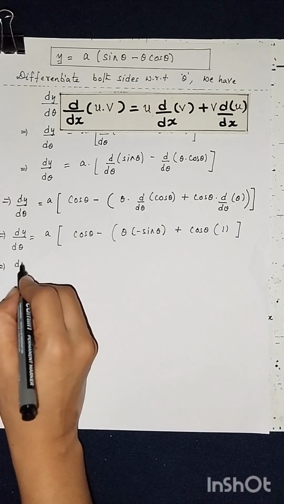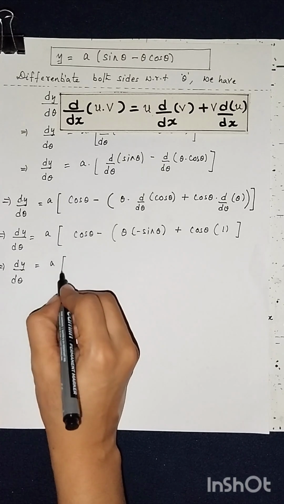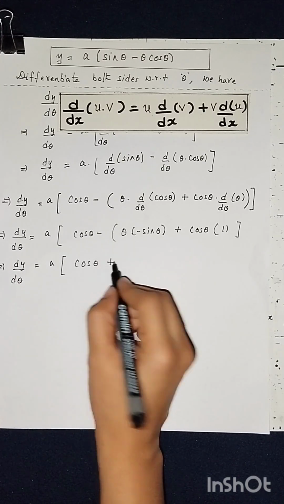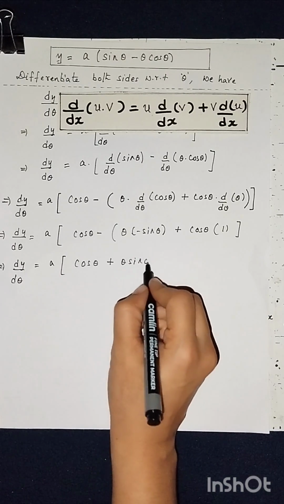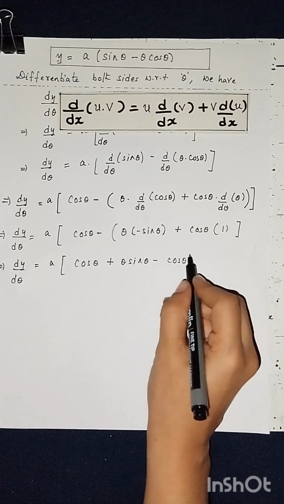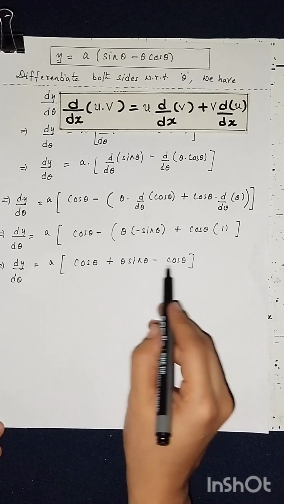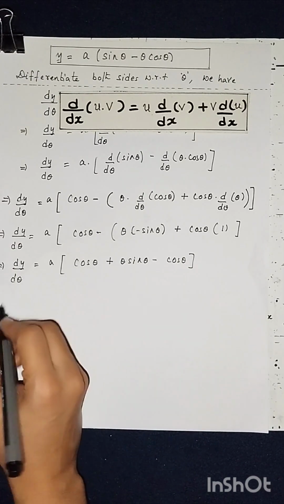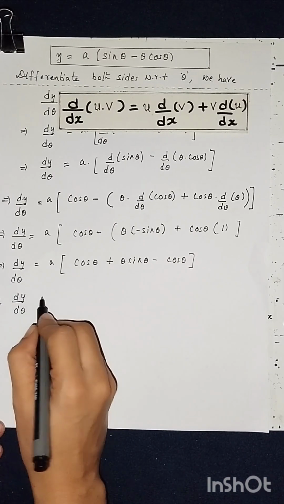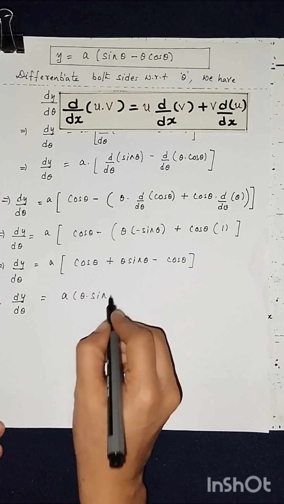Now this implies dy by d theta is equal to a into cos theta, minus times minus is plus theta sin theta, minus into plus is minus cos theta. Now if you observe, plus cos theta minus cos theta will neutralize, so therefore you will get dy by d theta is equal to a into theta sin theta.